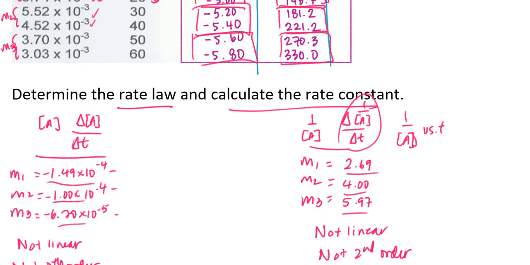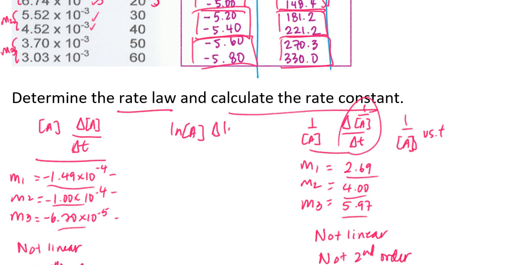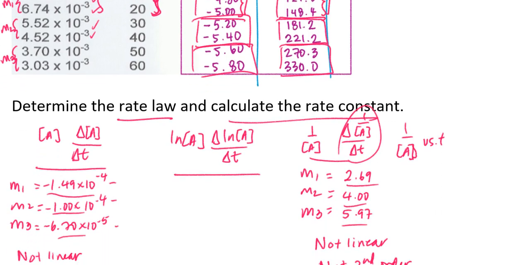But if I do this same analysis for the natural log of A data, and calculate the slope, meaning I take the difference between the natural log of the reactant concentration as a function of time, subtract these numbers from each other, and divide by that time interval for each of these intervals in the boxes that I've drawn, then for M1, M2, and M3, I end up with the same value this time.